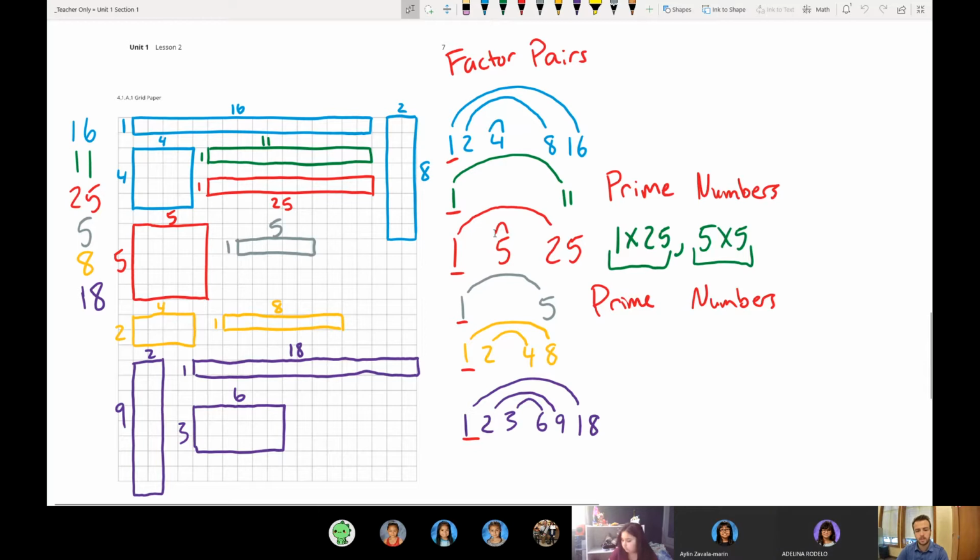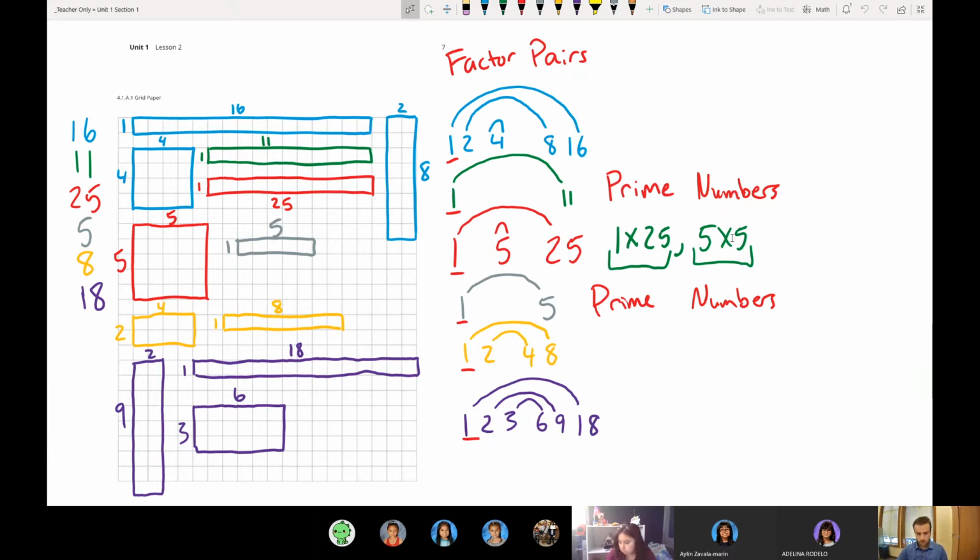There's only 2 things being connected. 1 and 25, and 5 and 5. We can also look at the rectangles here, and there's 2 rectangles too. So those should all match. The number of rectangles, the number of arcs in the rainbow, and the number of things being multiplied together to give us 25 should all match. And so therefore, there are only 2 factor pairs for 25.